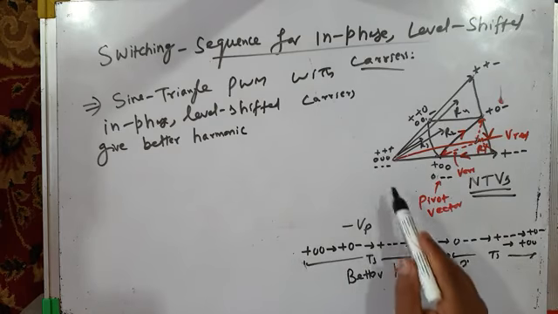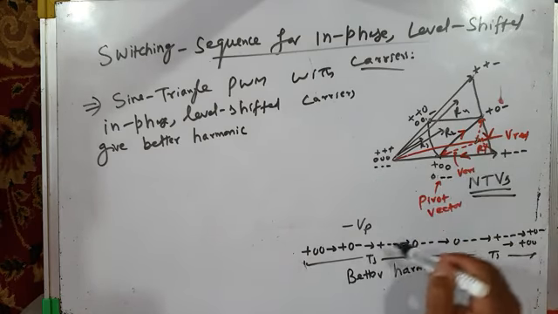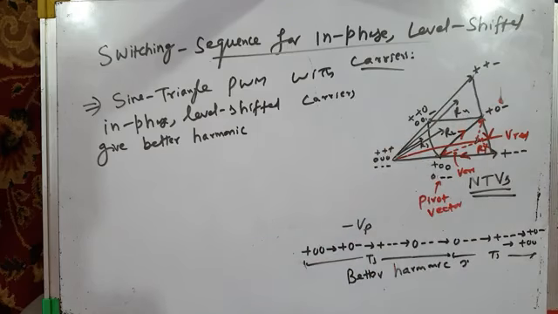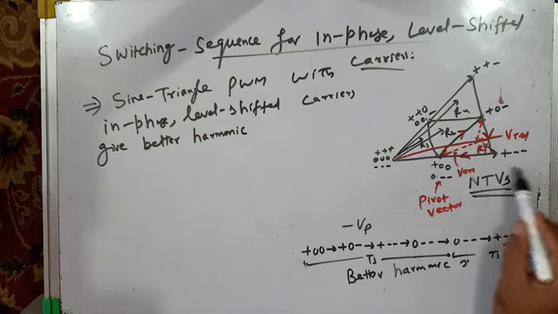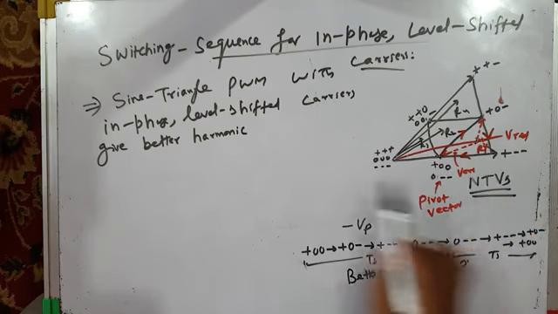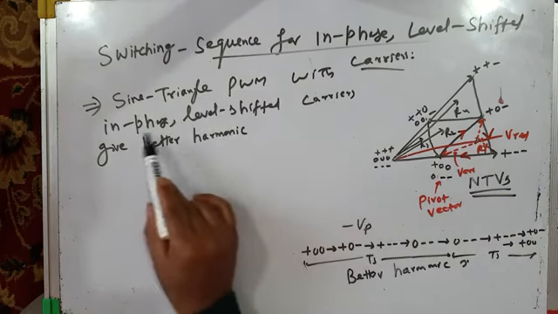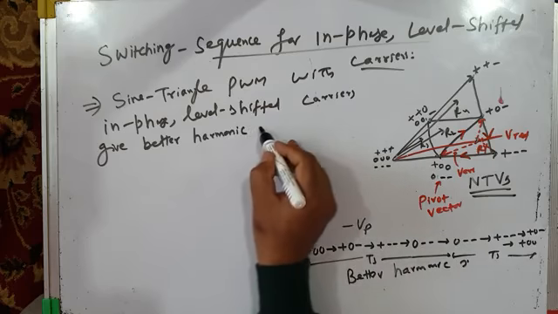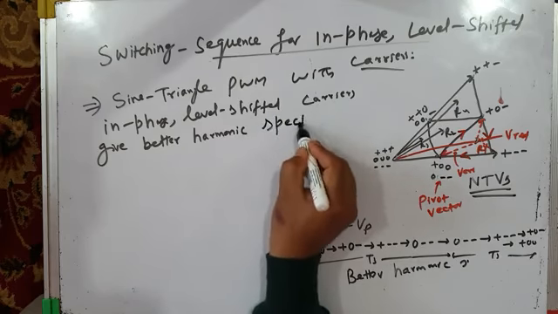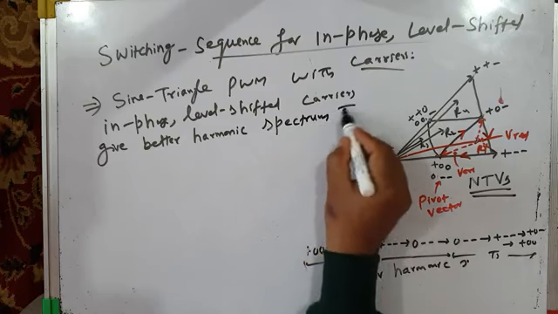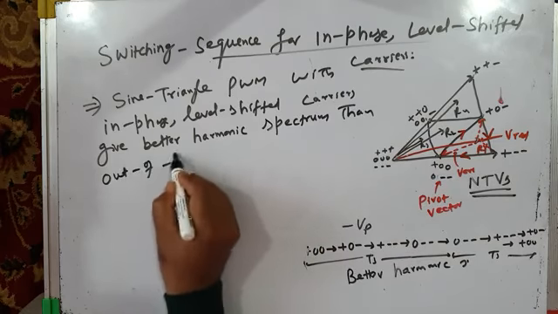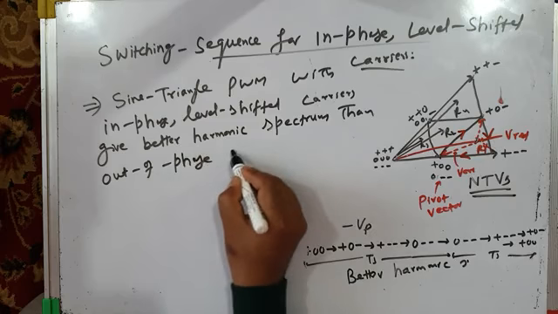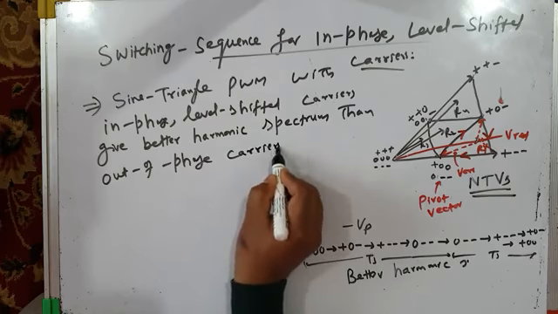That is wrong, because we have proved through the space vector diagram that in phase level shifted carriers give better harmonic spectrum, because these errors are very small and nearest three vectors, NTVs, are used. So sine triangle PWM with in phase level shifted carriers gives better harmonic spectrum than out of phase carriers.